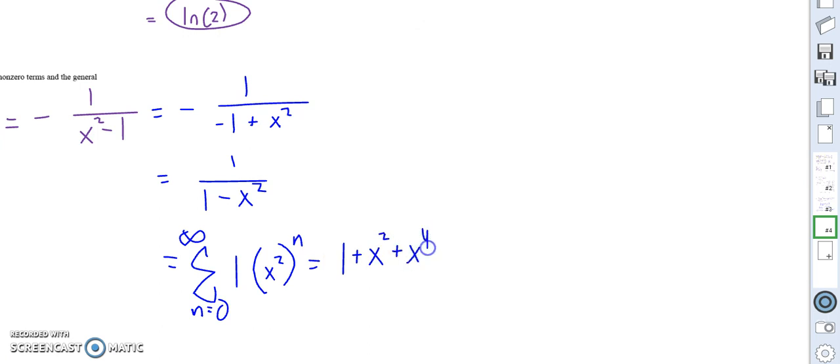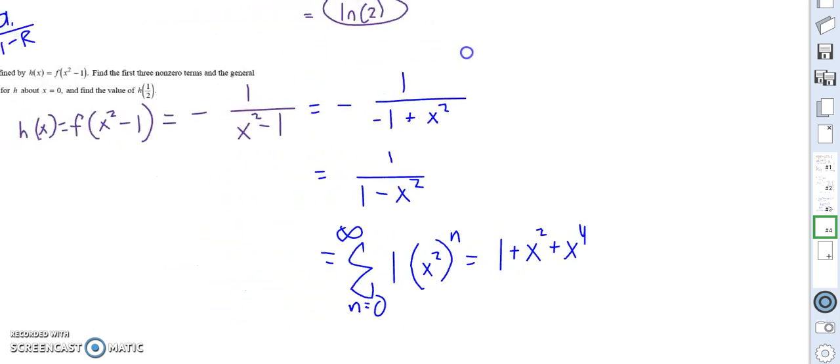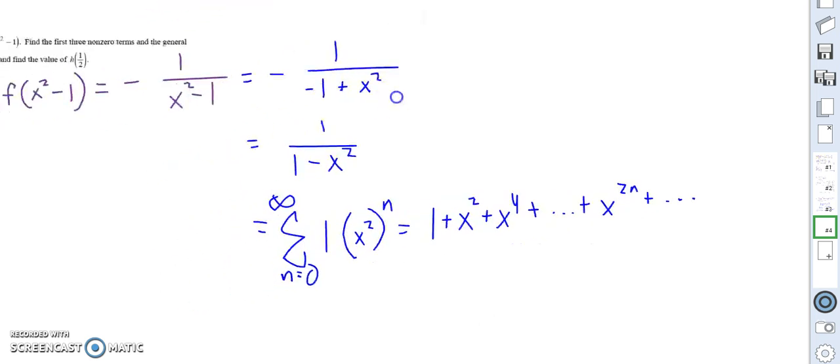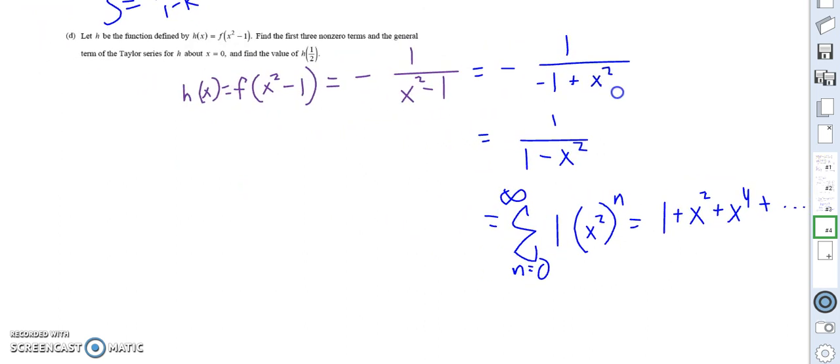I start off at 1, and I have a geometric series multiplying by x squared each time. And they ask for the first 3 non-zero terms, which are the first 3 terms. And the general term is x to the 2n. That takes care of half the problem, where I find the first 3 non-zero terms and the general term.